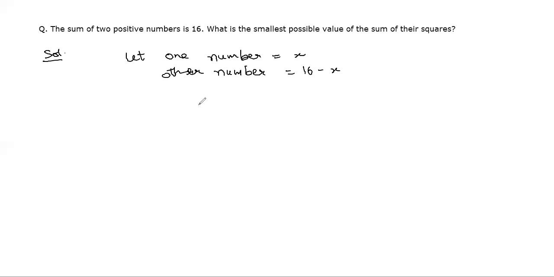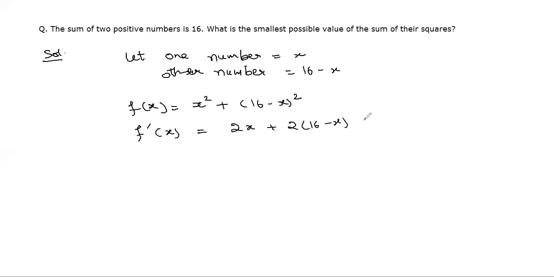Their sum of squares should be x square plus (16 minus x) square. Let's say this is the required function that we need to minimize. Smallest means minimize. So finding the first derivative, it gives me 2x plus 2 times (16 minus x) into minus 1 according to the chain rule.